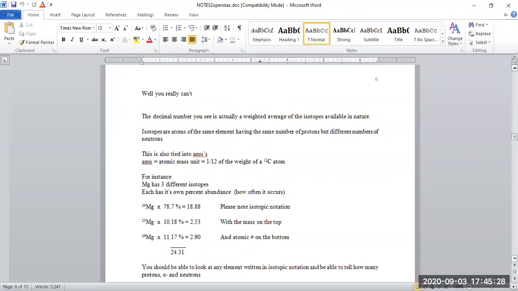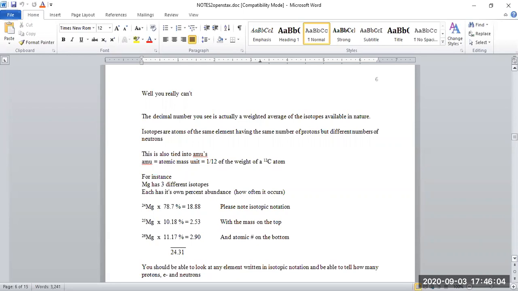Now, part of this is tied into the fact that there are different numbers of neutrons, which is also tied into AMUs. AMU is an abbreviation, 1 letter for each word, atomic mass unit. So if you have a carbon-12 atom, note the 12 written beside the C is upscripted a little bit and to the left.